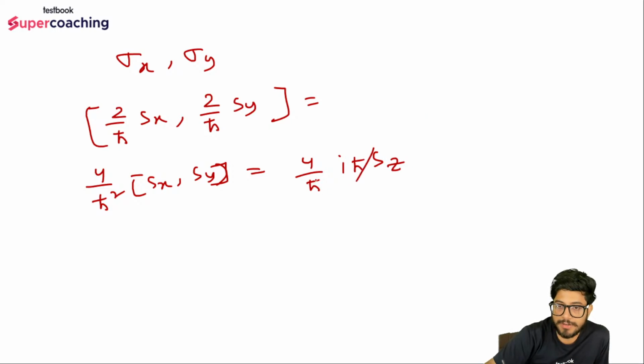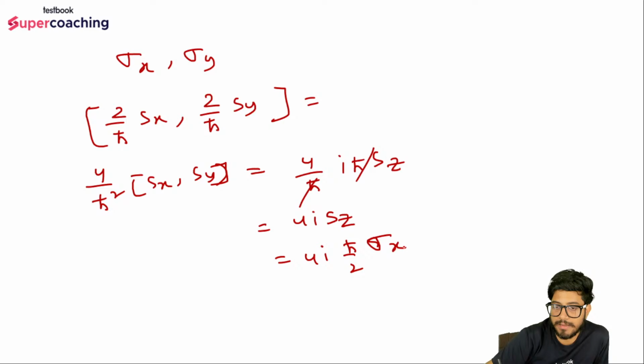So ħ will get cancelled out, and I'm simply getting 4i Sz. Sz is equal to ħ by 2 into sigma z, so this 2 cancelled out.